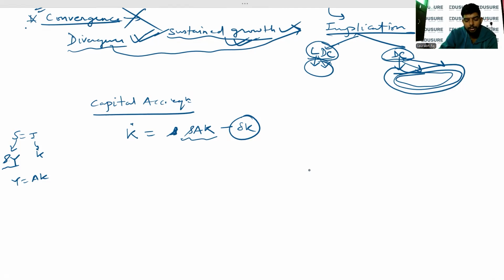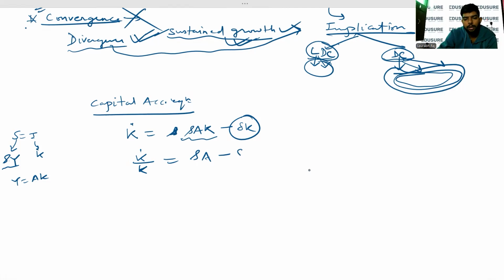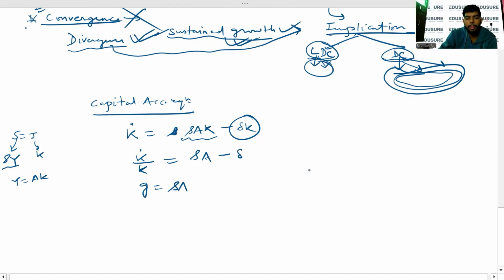Now for steady state growth rate, K dot must be equal to 0. For calculating the growth rate, we will just do K dot upon K, and if you divide both sides by K, this is the growth rate. And if you keep it equal to 0, then we will get the steady state growth rate.